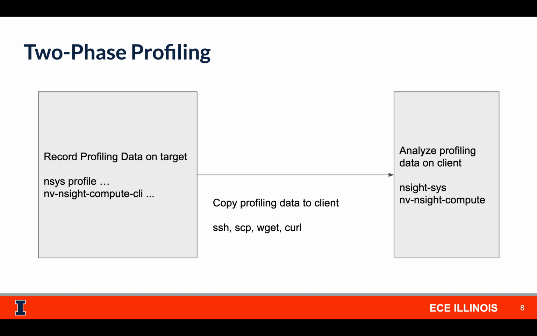And then you'll open up the GUI for Nsight Systems or Nsight Compute on your laptop or on EWS, load up those result files, and see what the performance was like. So the profiling in this case is not necessarily interactive. You can't make a change, run it, and have the results automatically show up in your profiler. You'll have to re-download these files and reload them in the profiler to see the results.